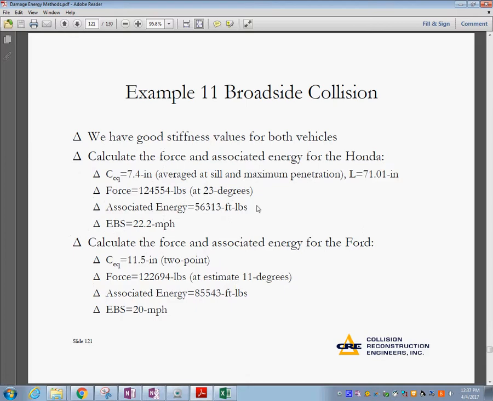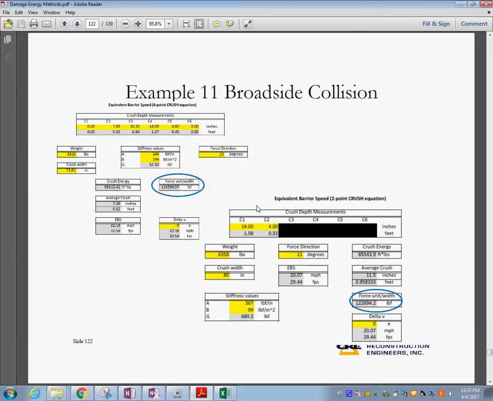Calculate the force and associated energy of the Honda. We calculate the force and associated energy of the Ford using his spreadsheets. They are in that file that I gave you.